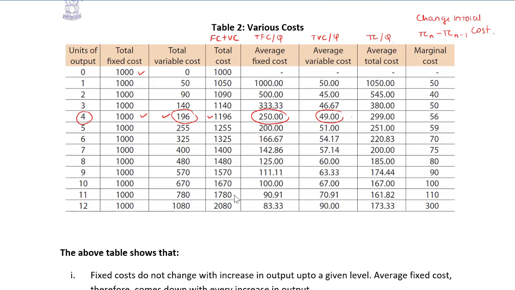Average total cost is total cost 1196 divided by 4, which is 299. And marginal cost is 56, as you can see: total cost over here, 1196 minus 1140, that is 56. I believe it is clear.